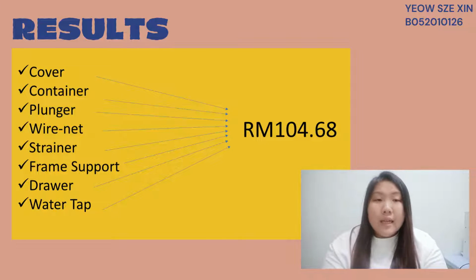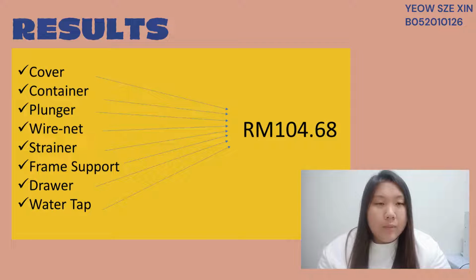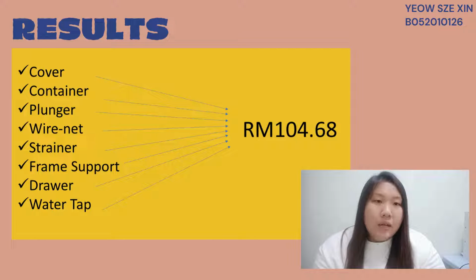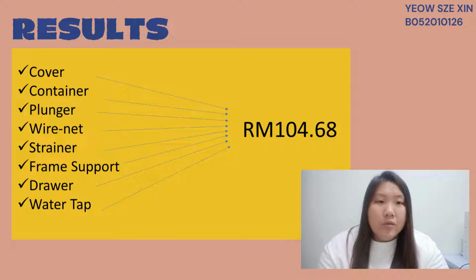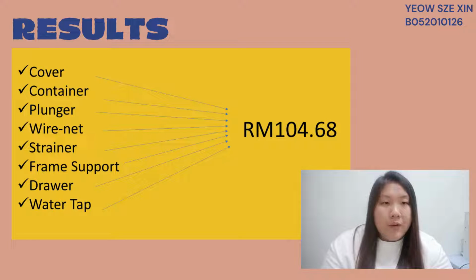Our cost estimation included cover, container, plunger, wire net, strainer, drawer, frame support, and water tap. All of the items are used for the indoor compost bin. The price estimated is around 105 ringgit.